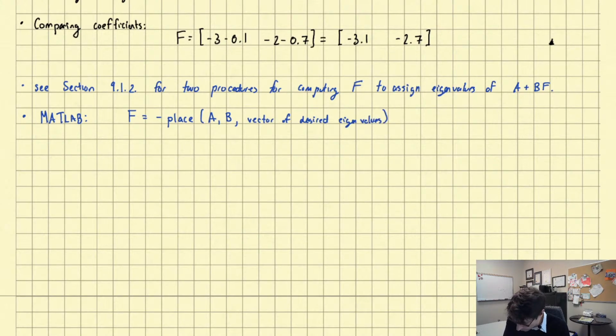Okay. Or there's another command, Acker, it's called, for Ackermann, who came up with a formula for doing this calculation, and that's one of the methods discussed in the notes. And so Acker will do the same. It will take the same sort of arguments.